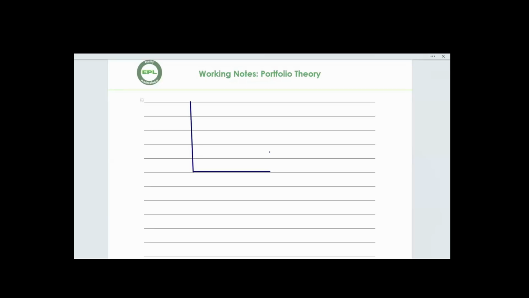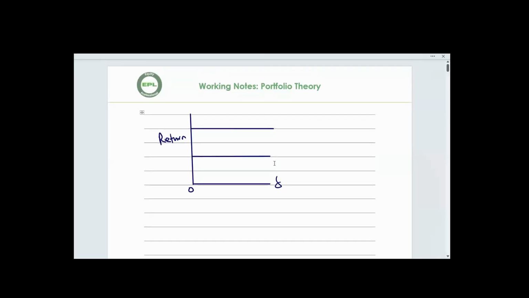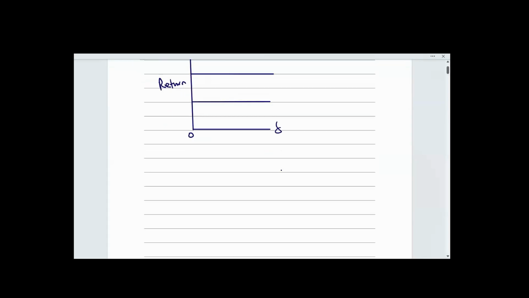So in this graph, we have both the risk and return axis. Let's say this is 0.0. Return is on the horizontal axis, while the risk as measured by standard deviation is on the vertical axis. So here is standard deviation.